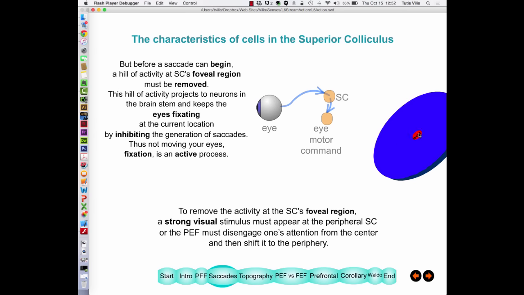You're inhibiting some neuron from firing and producing a movement of the eye. So then when something appears in your periphery, the first thing you have to do is remove activity from your foveal region. And then this activity in your periphery generates a saccade and then moves the activity back to the fovea again. And activity again suppresses, in the fovea, suppresses another saccade until something else appears that you want to move to.